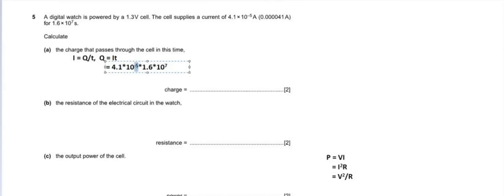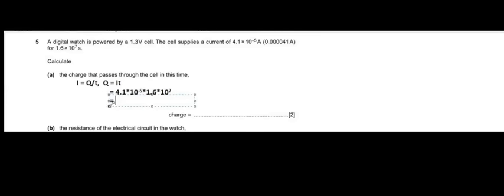If you calculate this value, 4.1 into 10 to minus 5 into 1.6 into 10 to 7, it is coming out to be approximately 660 coulomb. Coulomb is the unit for the electric charge, so we put capital C. The same value we write down over here, 660 coulomb.